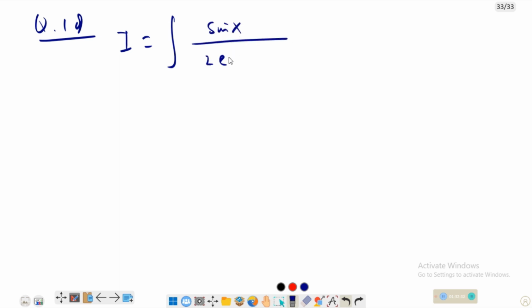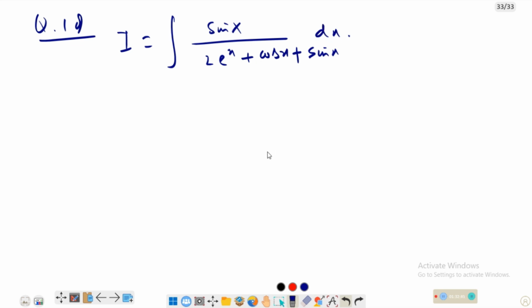So we come to question number 18. So question number 18 is I is equal to the integral of sin x upon 2e to the power x plus cos x plus sin x, dx.